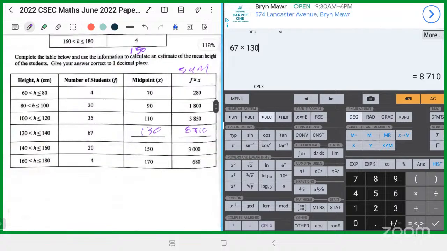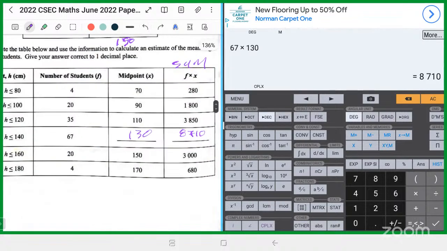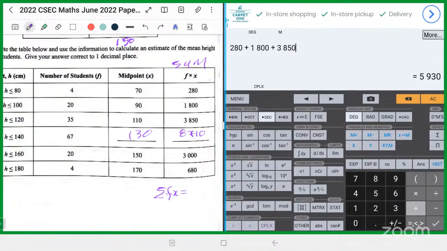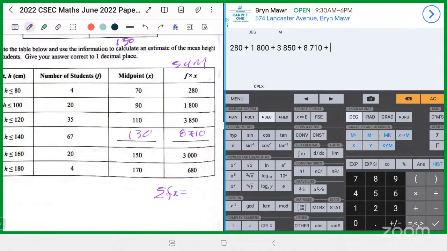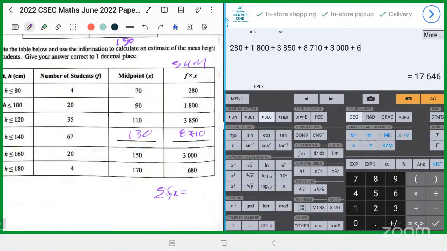Now we need a sum. We need the sum of all the students' heights approximately. So we need the sum of fx. Let us work it out. So we're adding up all these values now. It's 280 plus 1800 plus 3850 plus 8710 plus 3000 plus 680.